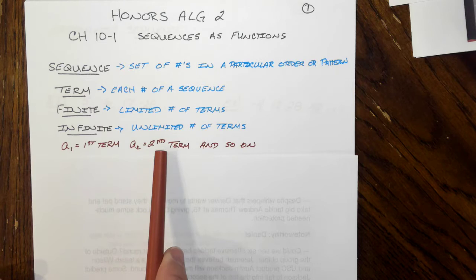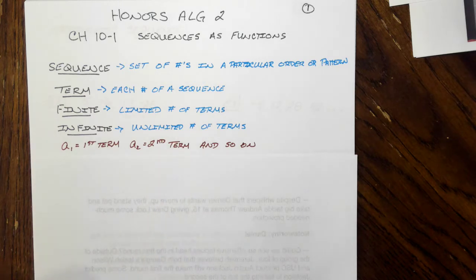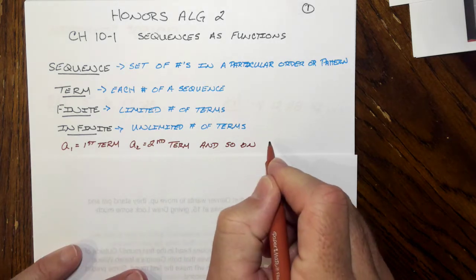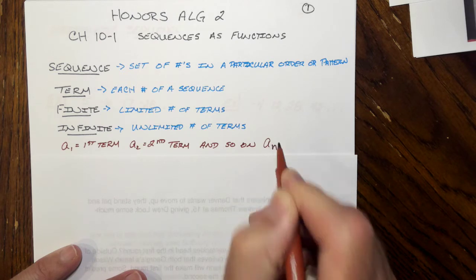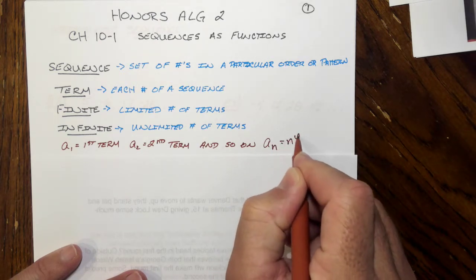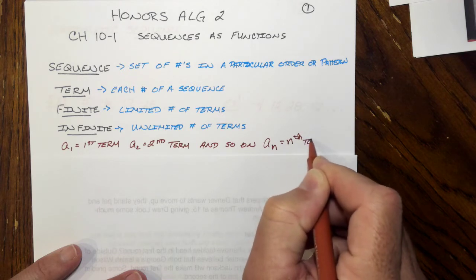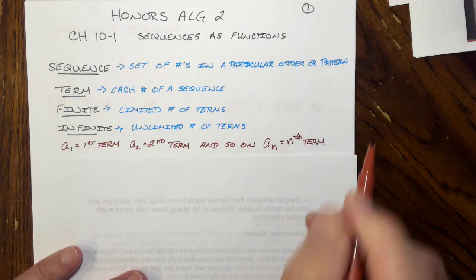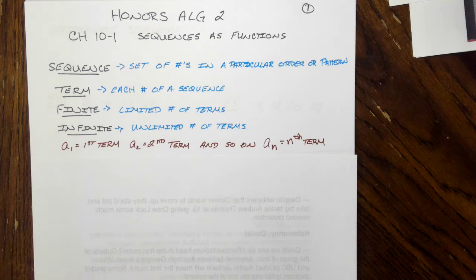A with a subscript 2, second term, and so on. You'll see all the way down to A subscript n. That'll be the value of your nth term, whatever that happens to be.